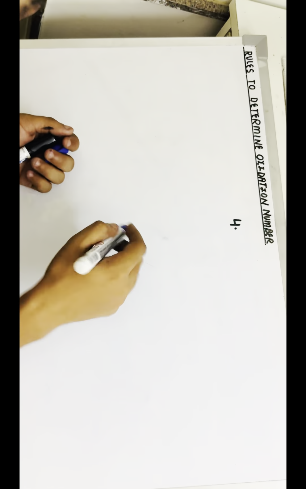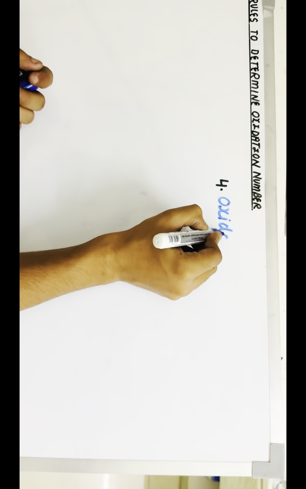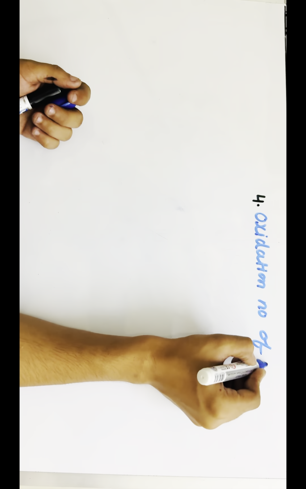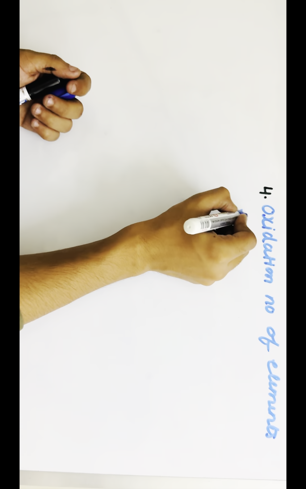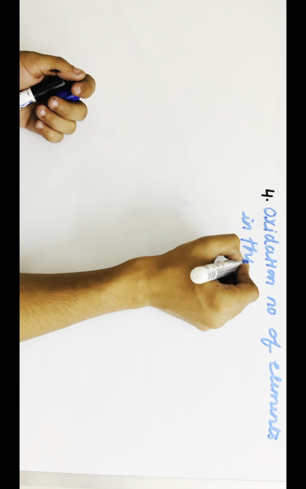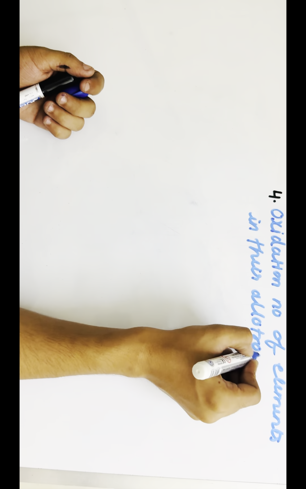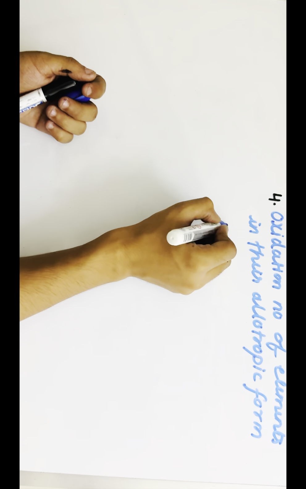Now let's come to the fourth rule, which is: oxidation number of elements in their allotropic form is 0.